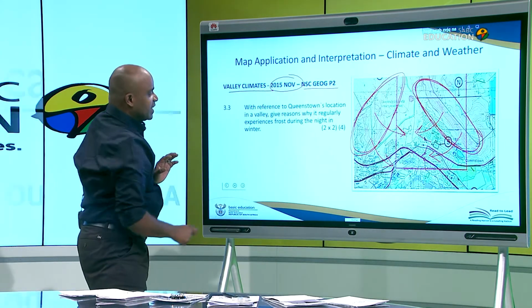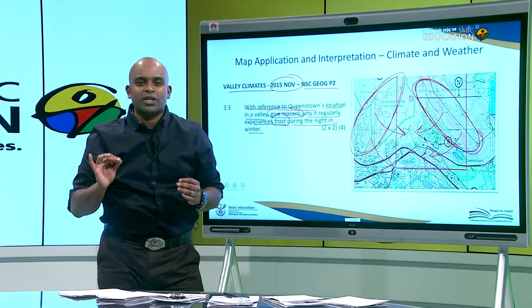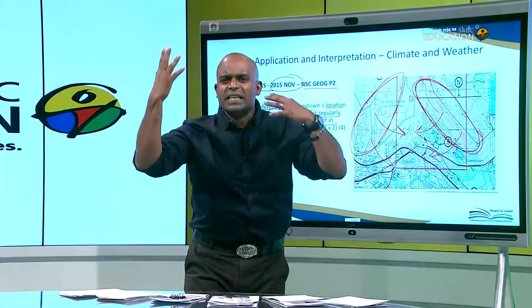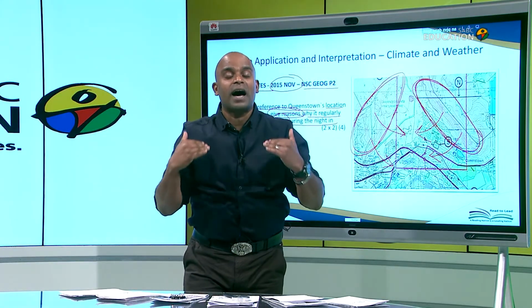In this particular examination, with reference to Queenstown, its location in a valley, give reasons why it regularly experiences frost, a condition associated with, yes, katabatic winds during the night in winter. If we're analyzing this question, we can immediately see that the question already has predetermined our knowledge.